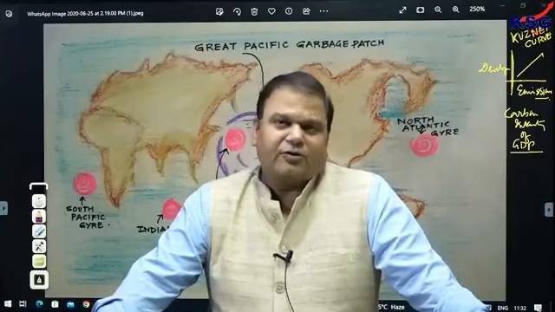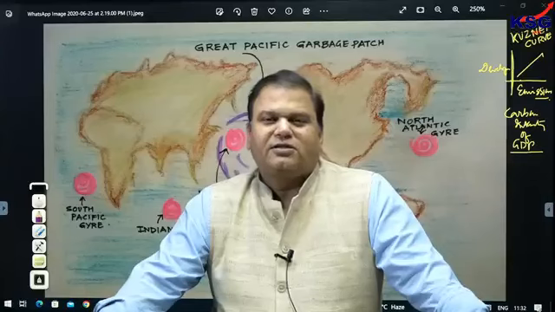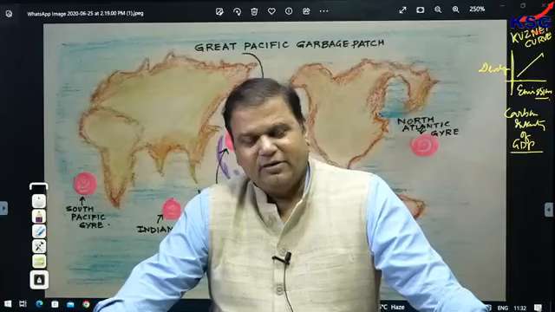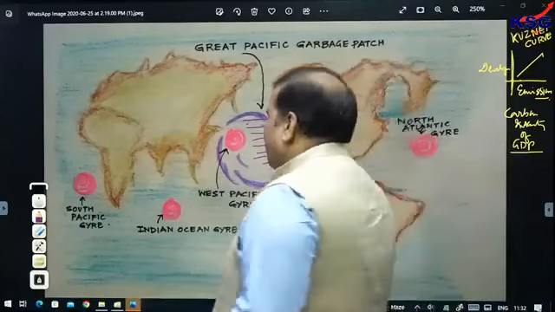But a type of microplastic is referred to as what? It is referred to as nurdles. So let's see also what exactly nurdles are. Fine. Write down the Great Pacific Garbage Patch.